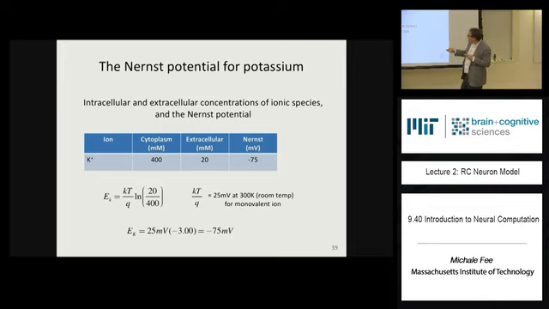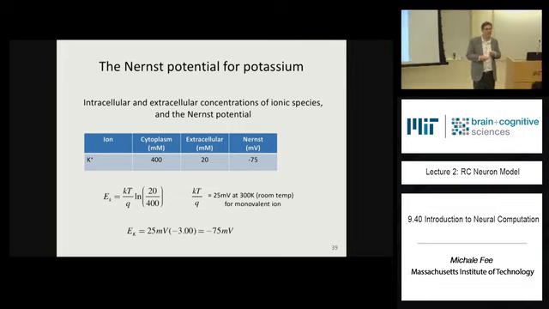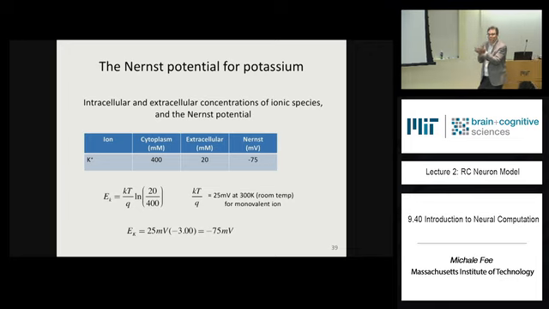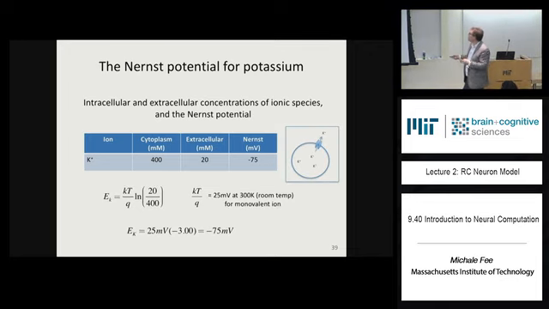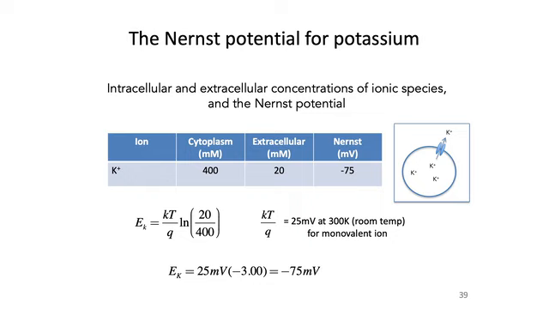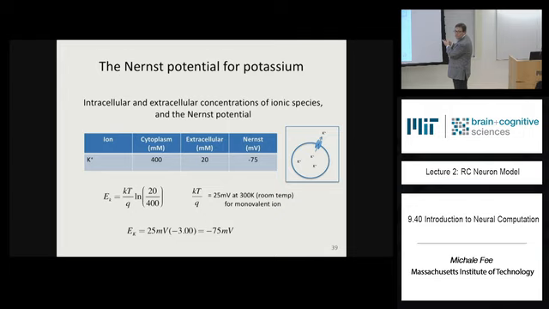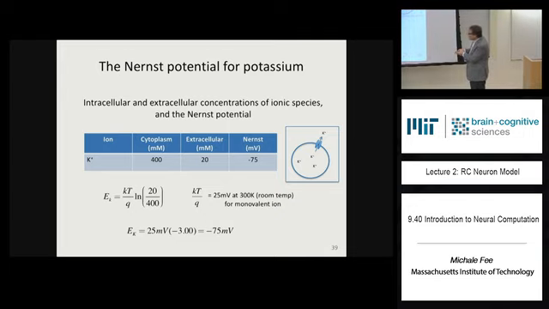The log of that concentration ratio is minus 3, so EK is minus 75 millivolts. That means if we start with a lot of potassium inside of our cell, and open up a potassium selective channel, what happens? Potassium diffuses out through that channel, and the voltage goes to minus 75 millivolts.